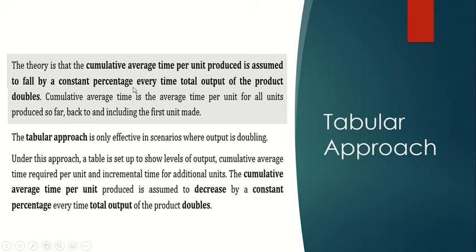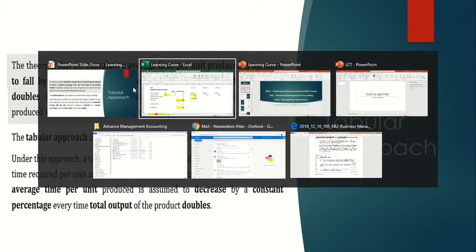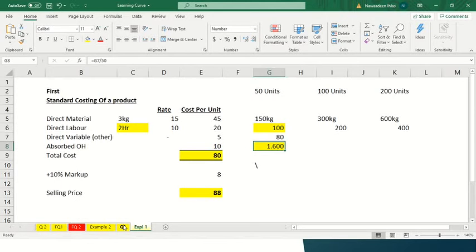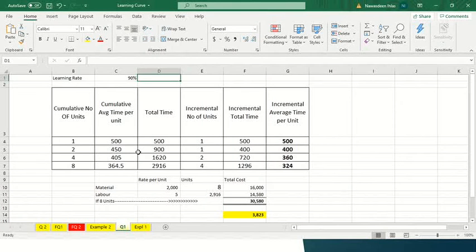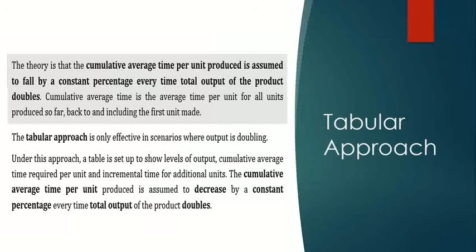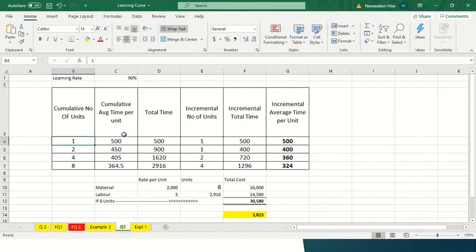Here you can see our cumulative number of units: 1 unit, 2 units, 4 units, and 8 units.